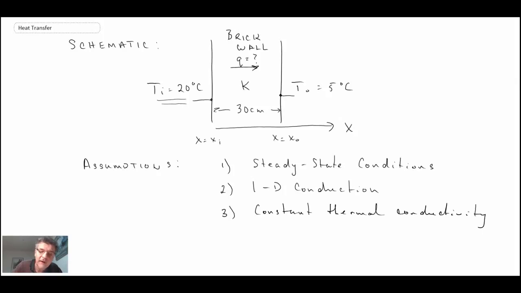Now, in order to do the analysis of this problem, I'm going to use Fourier's law, or Fourier's equation that we saw in the last segment. And that stated q_x is minus kA dT by dx. And we're going to substitute in some of the values to begin with.